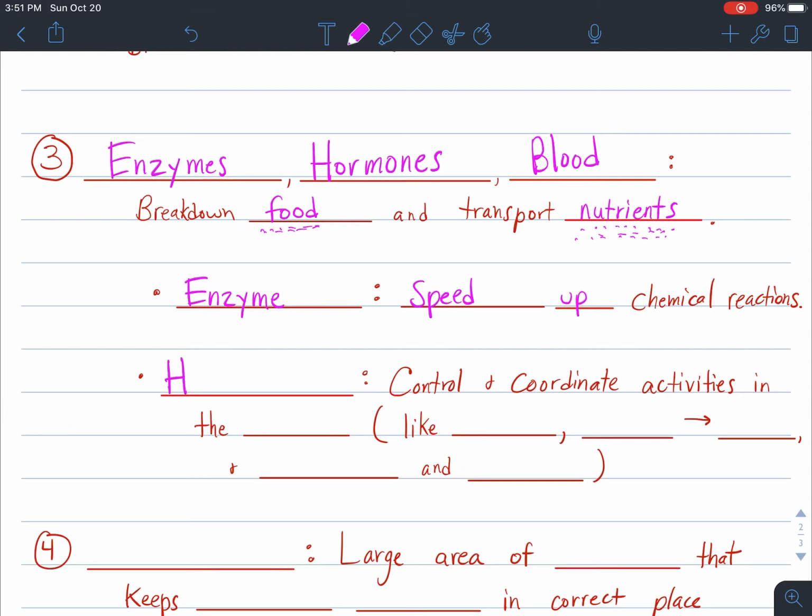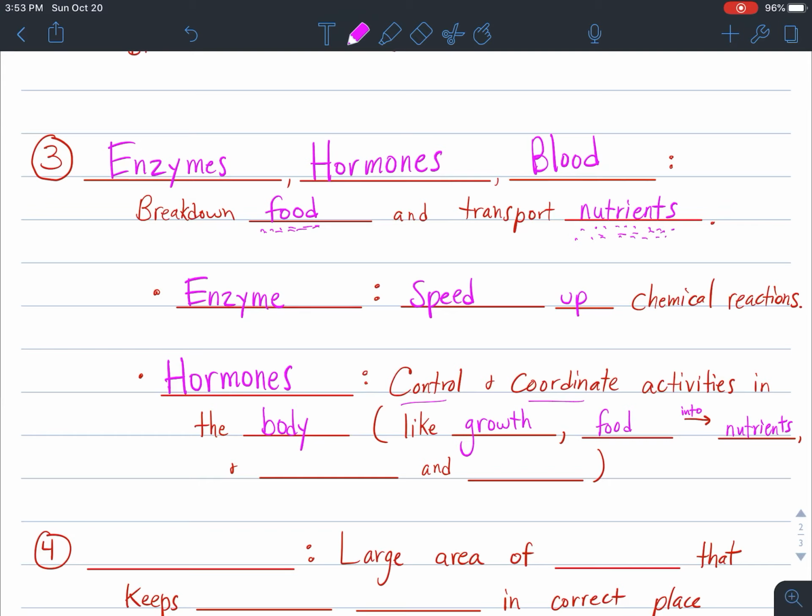Hormones, you've probably heard of hormones before in a lot of different ways and examples, but hormones help us digest our food. Hormones are a class of chemical compound that control and coordinate activities in the body. So they're like conductors, and these conductors tell our body things like when we need to grow, or when we eat food and it needs to get turned into nutrients.